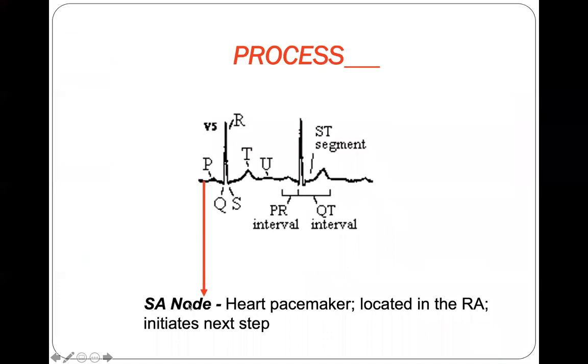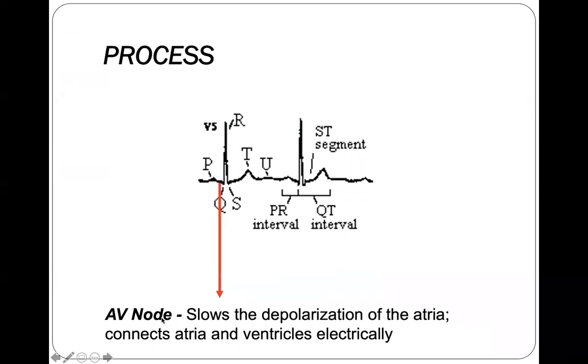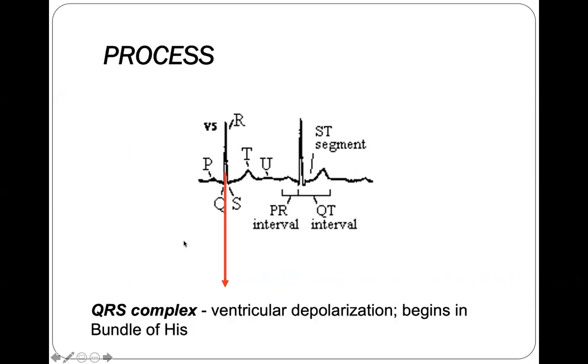Firstly, the SA node, which is the pacemaker of the heart, starts to initiate the electricity. So atrial depolarization and contraction occurs, producing the P wave. Then the AV node produces its physiological delay, giving me an isoelectric segment called the PR segment.